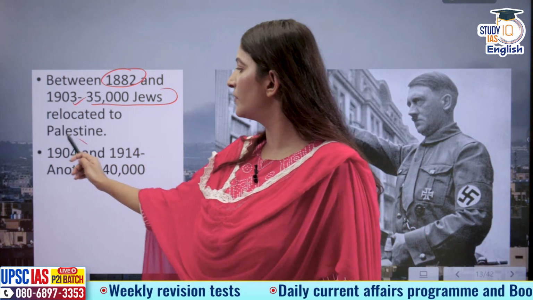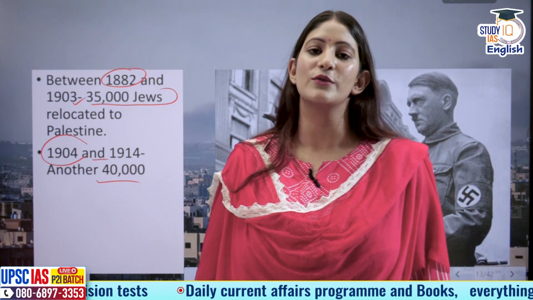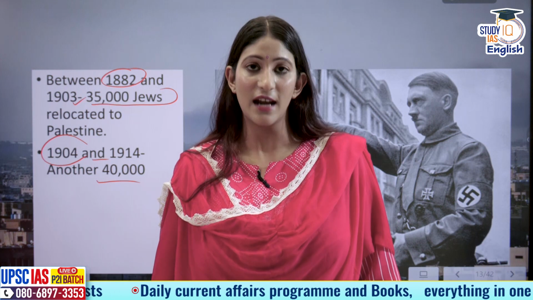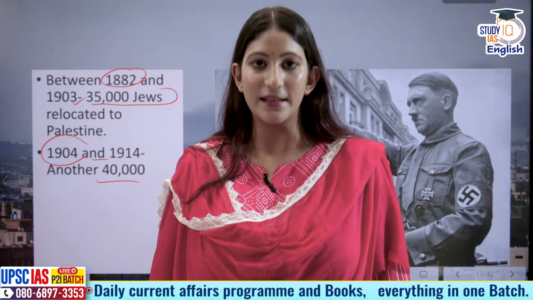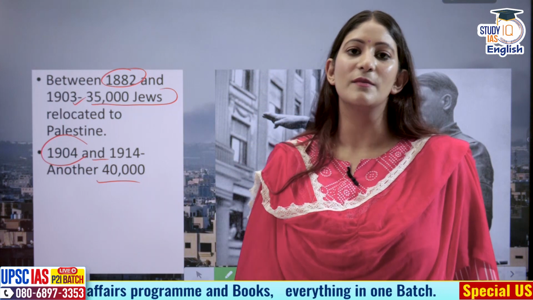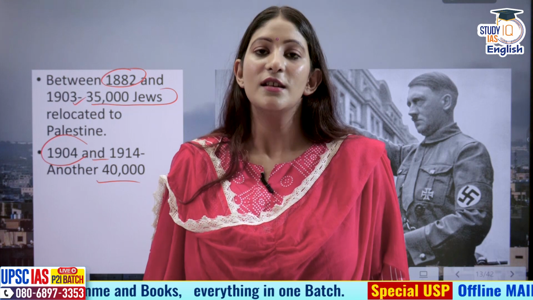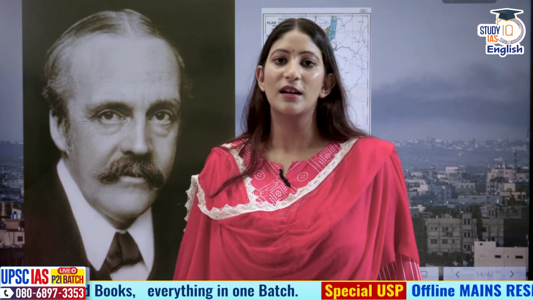And between 1904 to 1914, another 40,000 also got into that region. Arabs were not happy with it. They protested, they retaliated. And thereafter, Nazi Germany was also coming down with a heavy hand on Jews. So the Balfour Declaration comes into being.